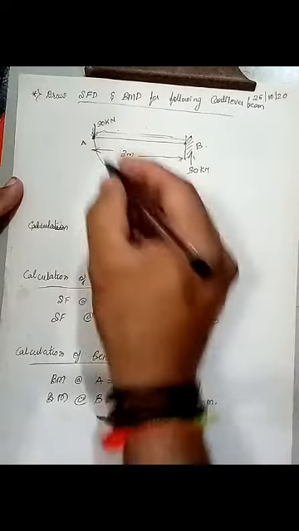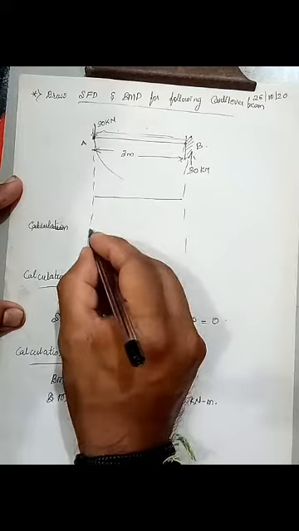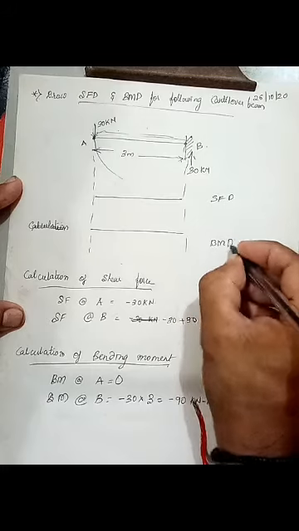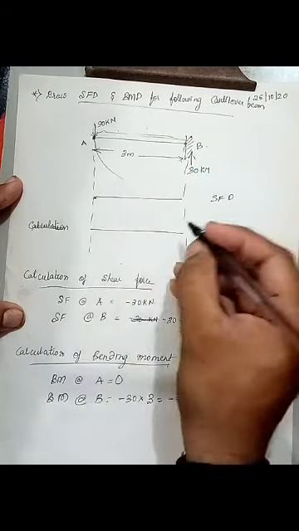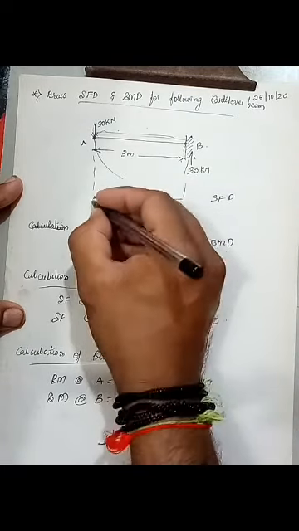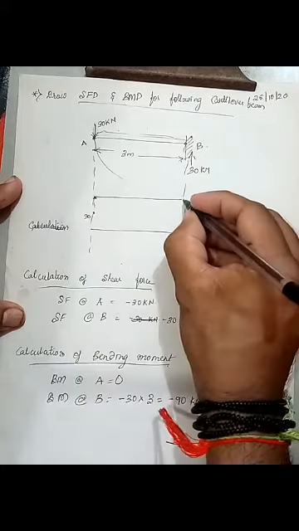So now you can project these lines down and draw the reference line. So this is SFD diagram, this is BMD. So this is shear force at A, minus 30, upward is positive, downwards is negative, so minus 30, and here it is 0.